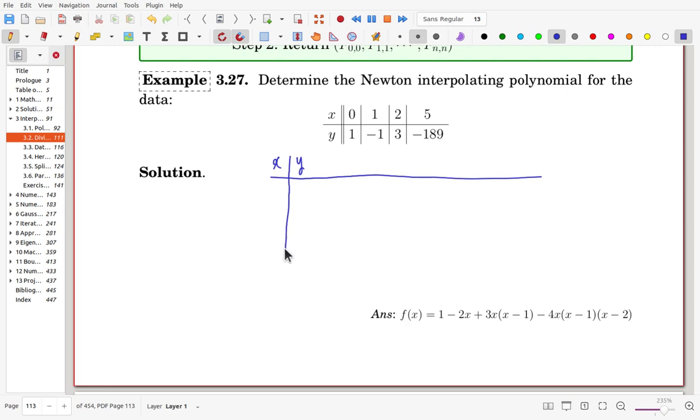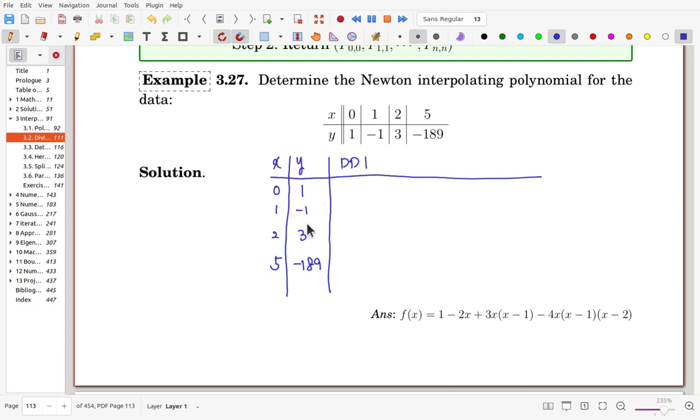The x values are 0, 1, 2, 5, and the y values are 1, minus 1, 3, and minus 189.